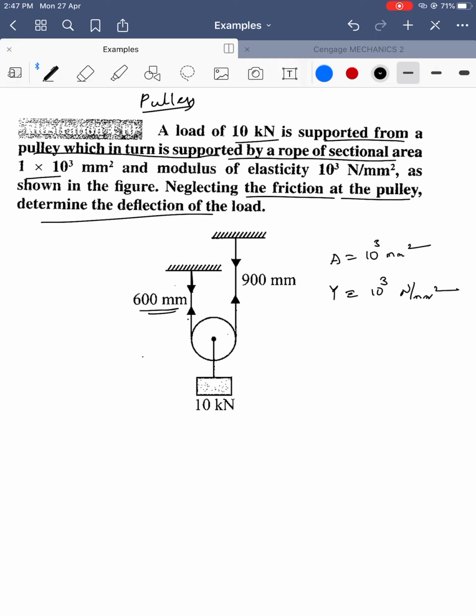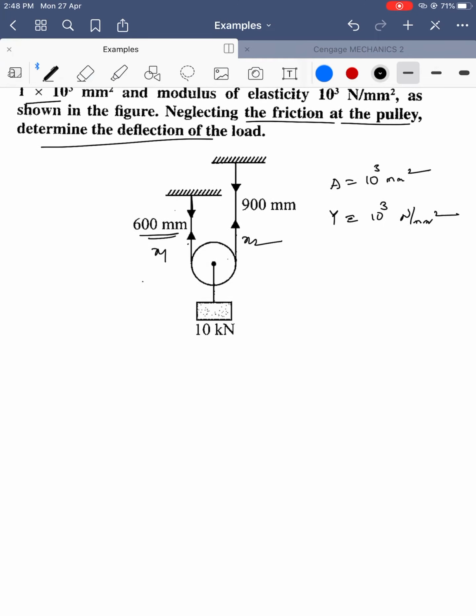I am assuming x1, x2. Let's see carefully. x1 is nothing but delta L1. Instead of x1, x2, I am writing delta L1, delta L2. He is asking the deflection of the load.